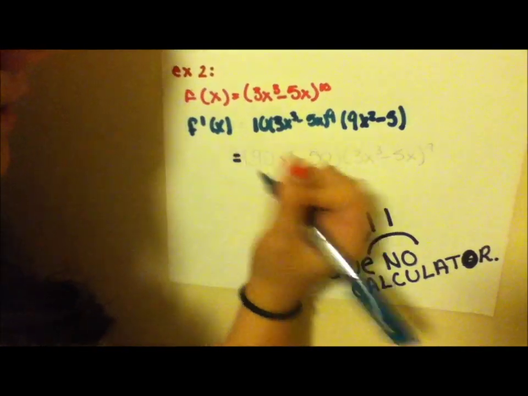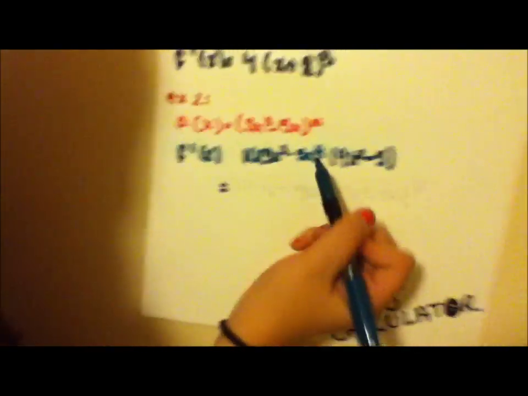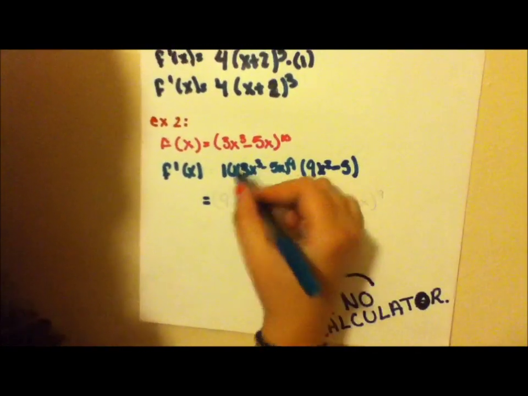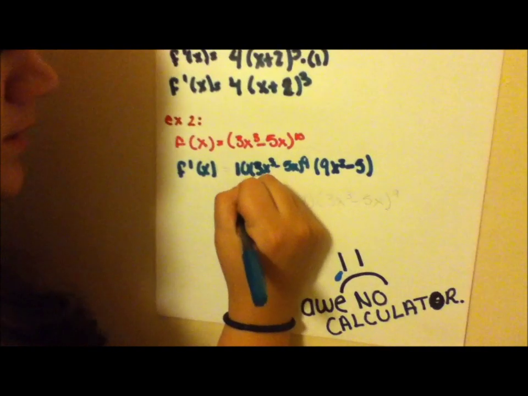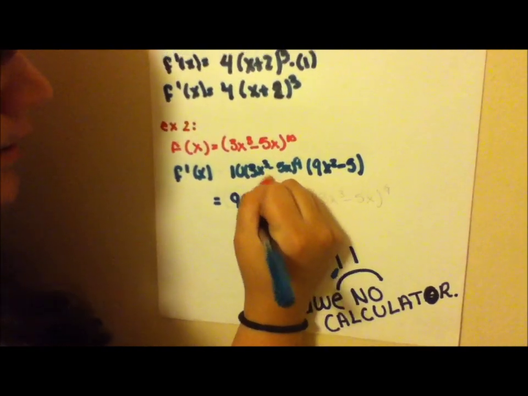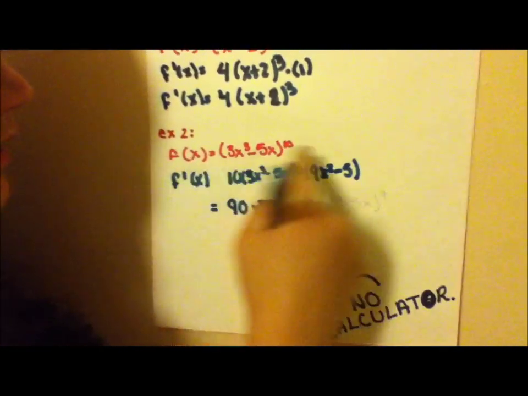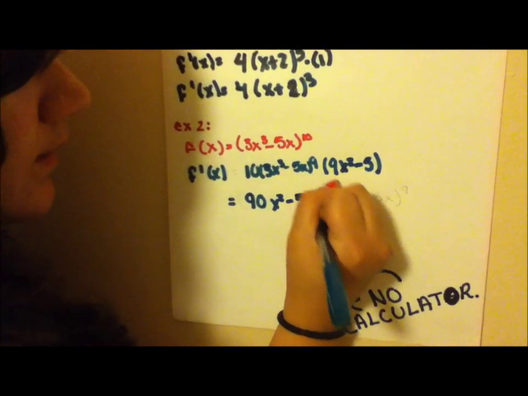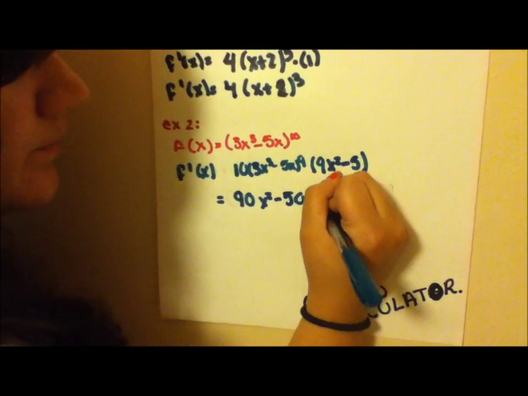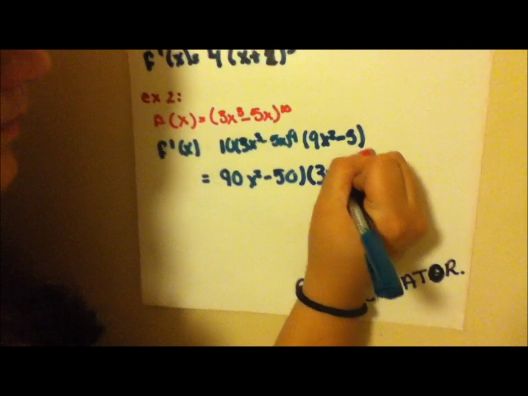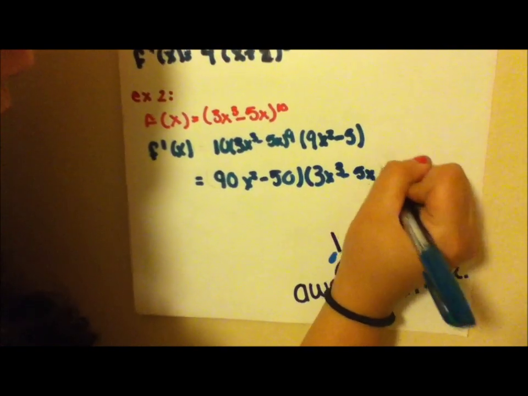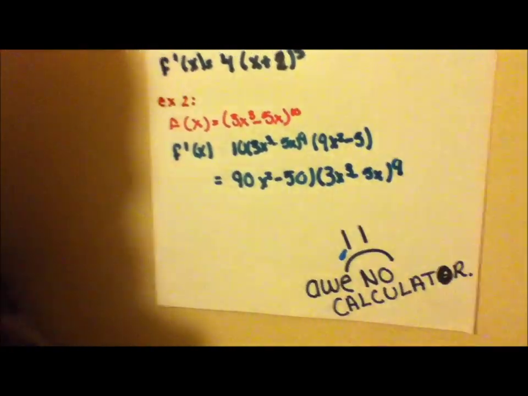When you simplify that, you can't distribute the 10 into the first part because it has an exponent 9, so you distribute it to this one. 10 times 9 is 90 x squared, minus 10 times 5, 50. And then you just bring this down. So 9. And that's our chain rule.